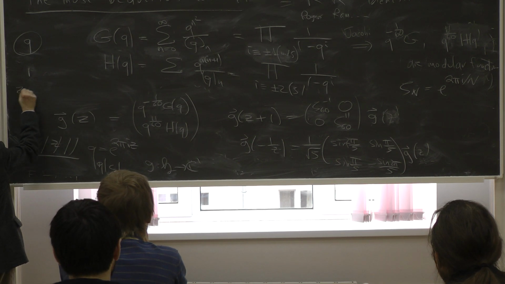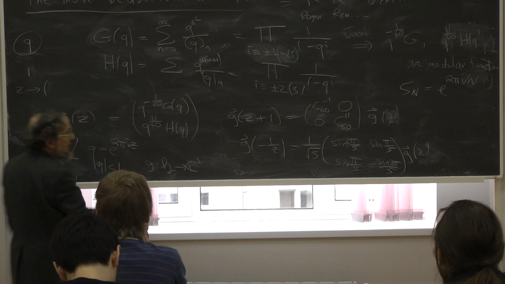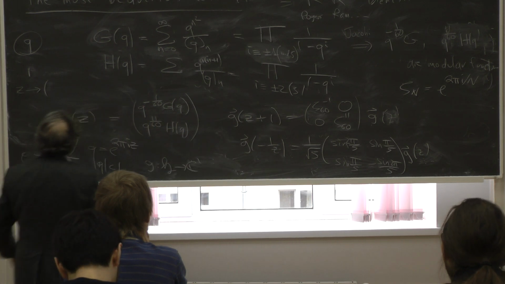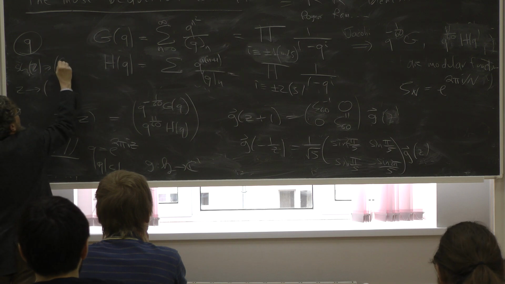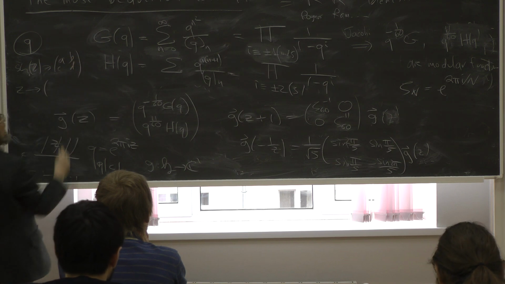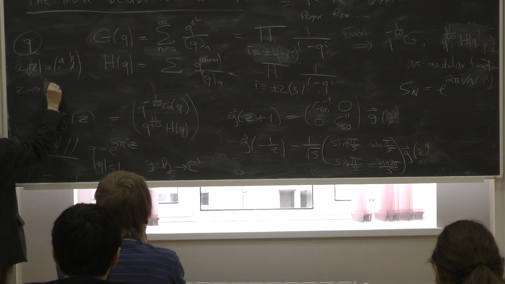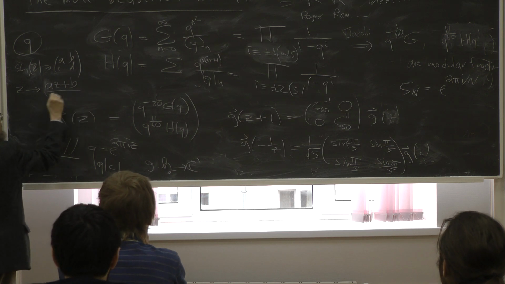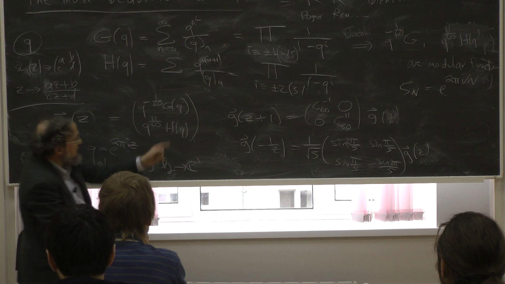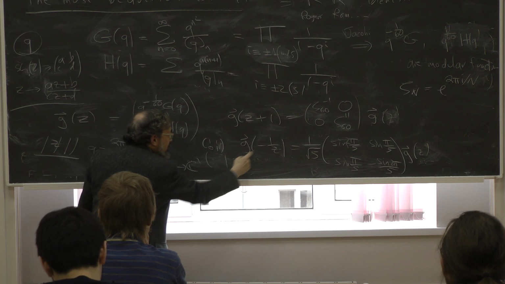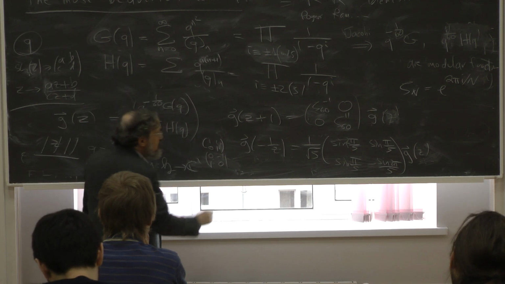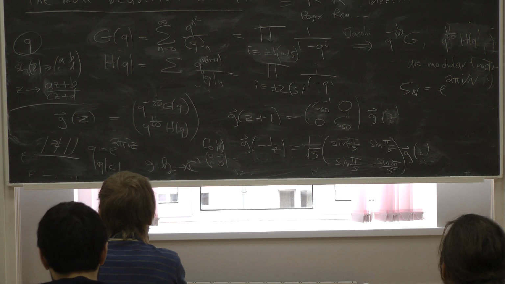But I think everybody has seen that that's the same. The group generated by these two transformations is the group SL2Z of 2 by 2 matrices with integer entries and determinant 1, and such a matrix acts by the famous fractional linear transformation, like this. So the special case here, z plus 1, is this matrix, 1, 1, 0, 1. Determinant 1. This one is 0, minus 1, 1, 0. And those two generate this group.